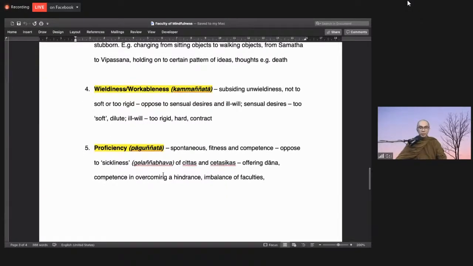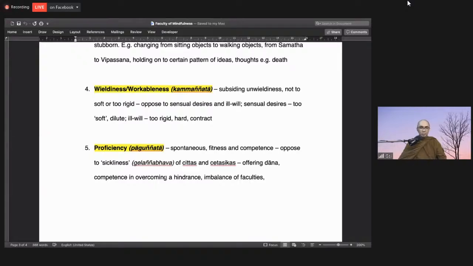Then here, proficiency, or spontaneity, or confidence, competence. Here, it means that it is able to know what to do when you get a certain problem. When you get a problem like a hindrance that is attacking you right now, for example, restlessness is there, strong, a lot of thinking.